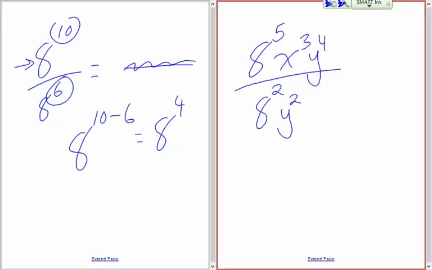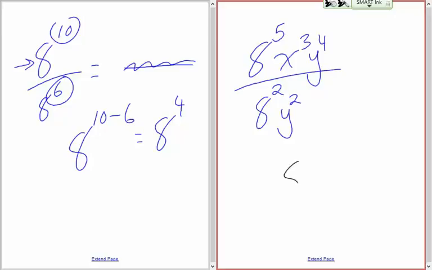Okay? We can only do the subtracting exponents thing if the bases match. Do we see matching bases here? What matching bases do you see? 8 and y.